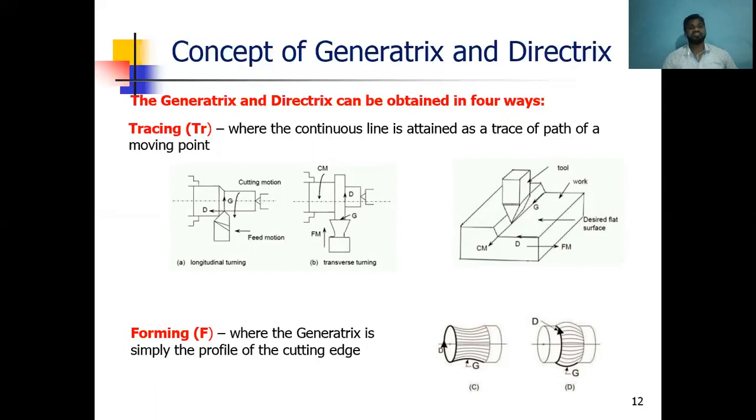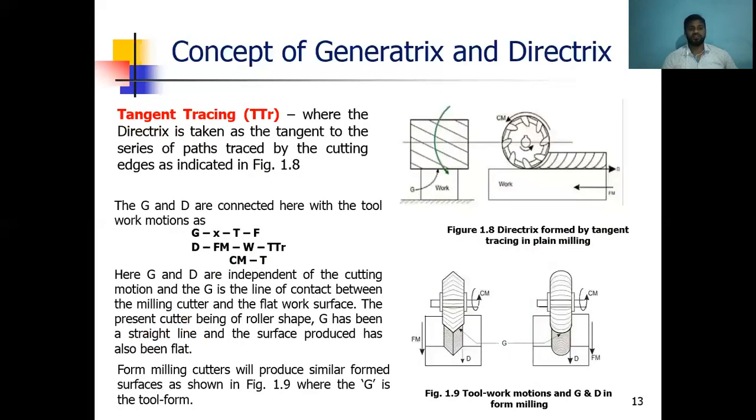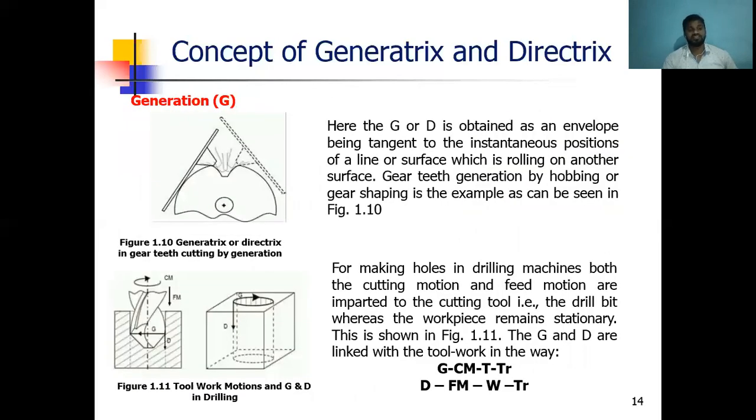The Generatrix and Directrix can be obtained in four ways. The first one is tracing, the second is forming, the third is tangent tracing, and the fourth is generation.